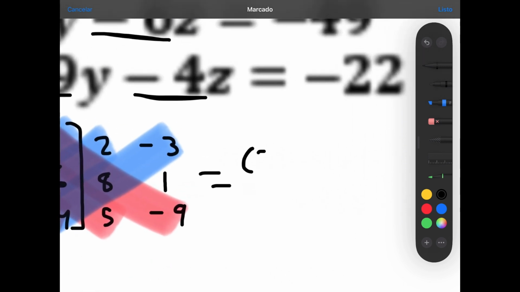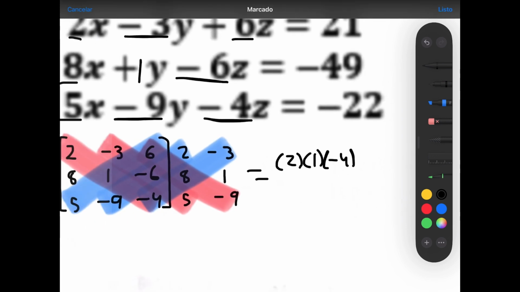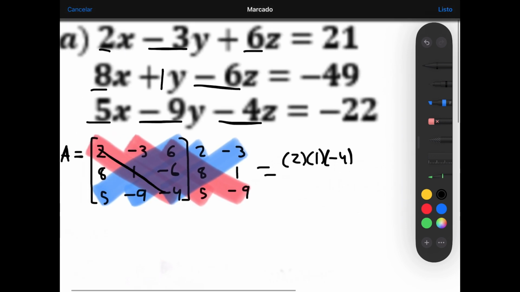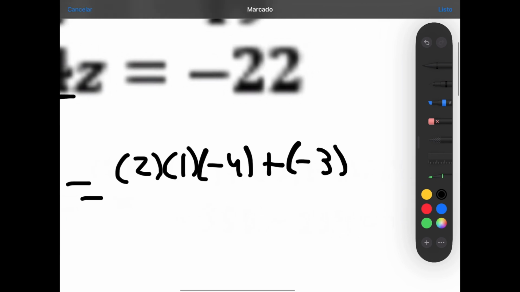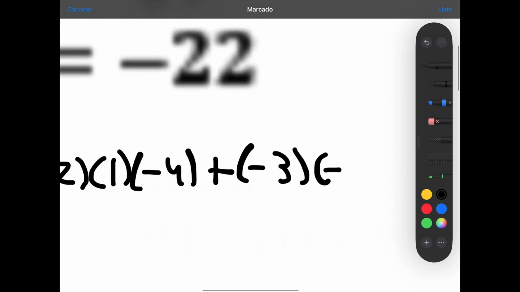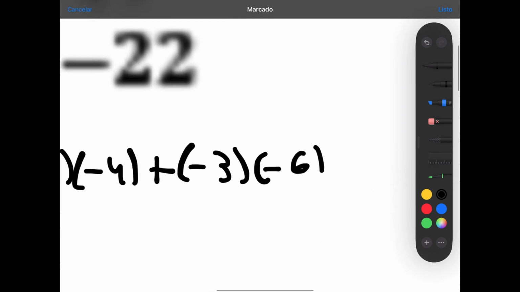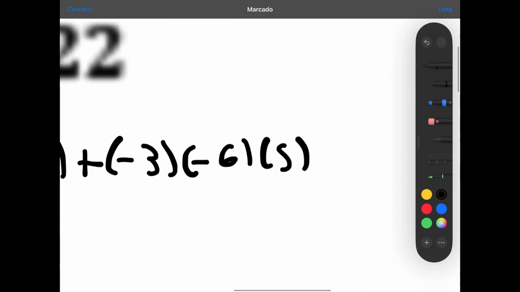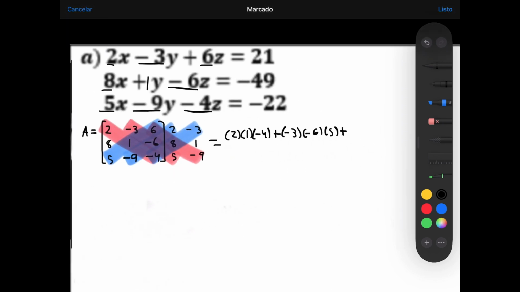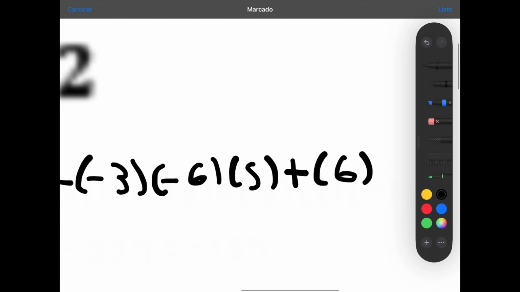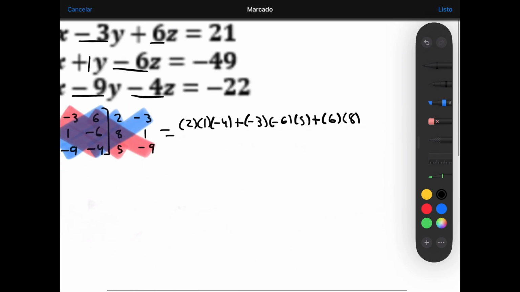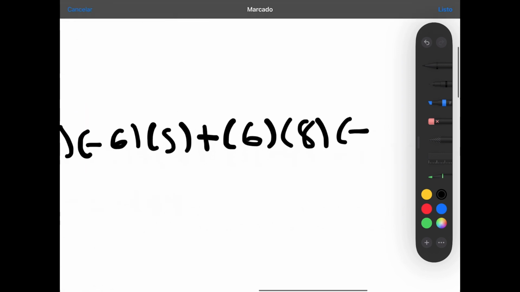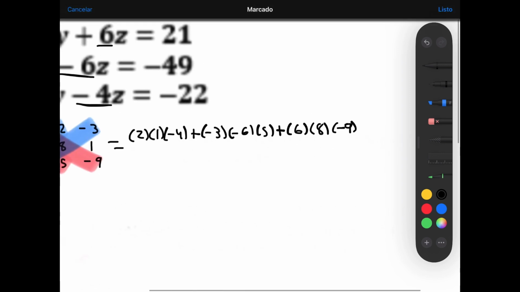So it will be 2 times 1 times -4, plus the -3, -6, and 5, plus once again the 6. Also be very careful with the signs, if it's positive or negative, because it could affect your result.